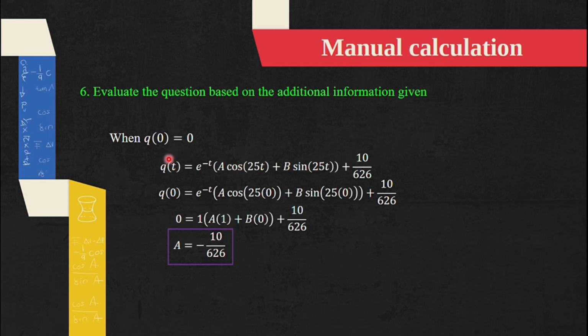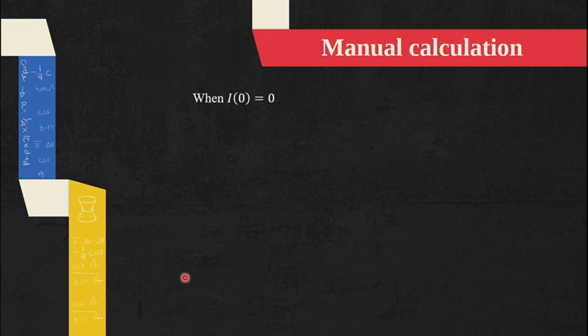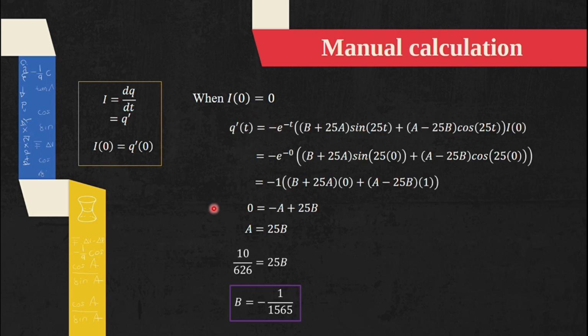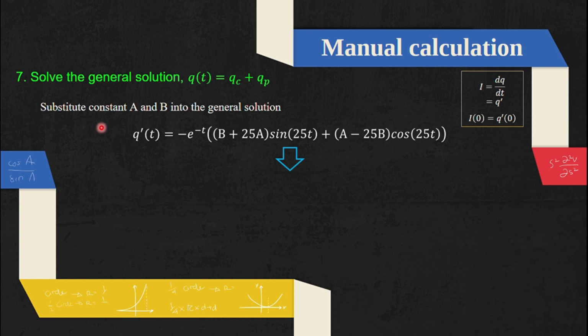When q equals 0, use the right equation and you will get the value of A. Next is the tricky part here. It said I equals 0. The question stated that I equals dq over dt, which means it is q prime. Therefore, the function of I equals the function of q prime. Use the q prime equation and then you will get the value of B. The final step is to substitute the constants A and B we get into the general solution.